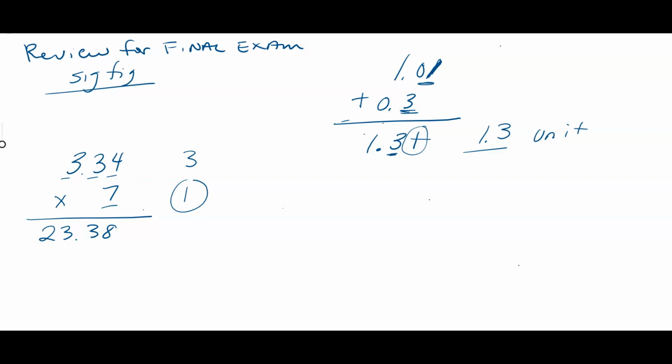So I'm going to start on the left of all the numbers, not zeros, but the counting numbers. Counting numbers are 1 through 9. I look for the leftmost number in my answer, and I see that I have a 2, and I can only have 1 sig fig, so I can only have 1 number showing in my answer.